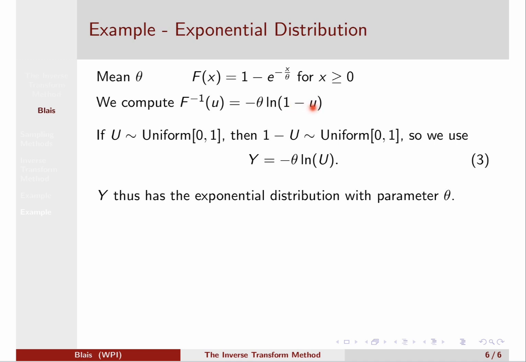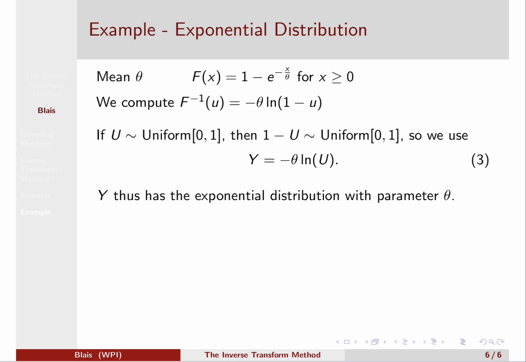So if you can eliminate that operation, you make your algorithm leaner, quicker, more efficient. But this is one example where we see that if you have a uniform 0, 1 u, setting y equal to negative theta times natural log of u will impose that exponential distribution upon y.